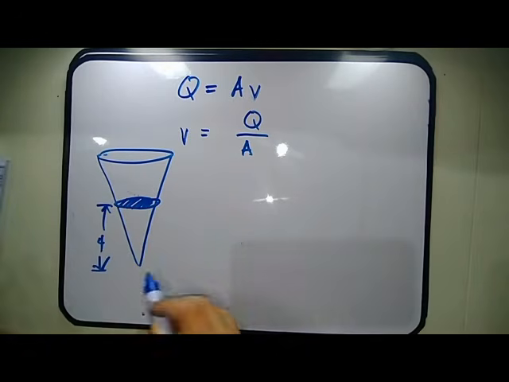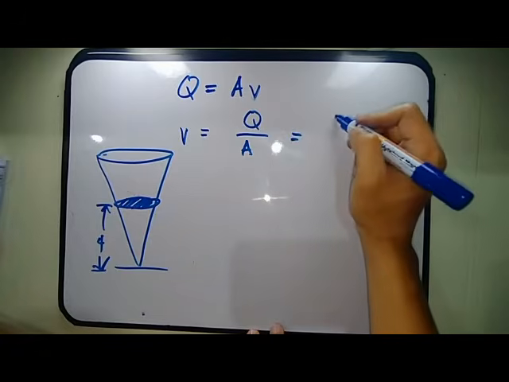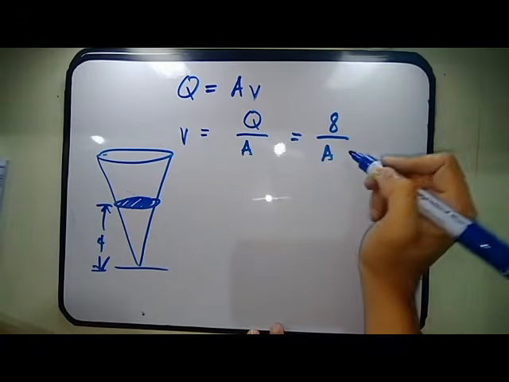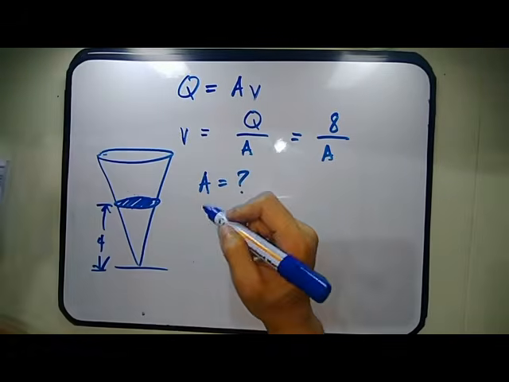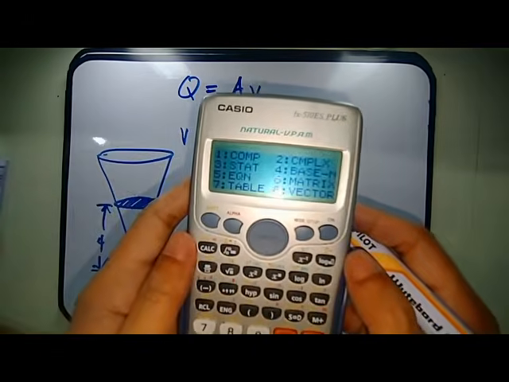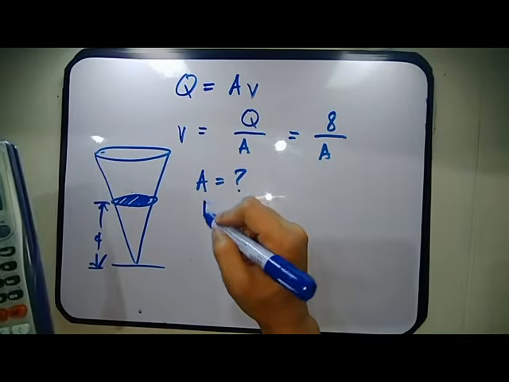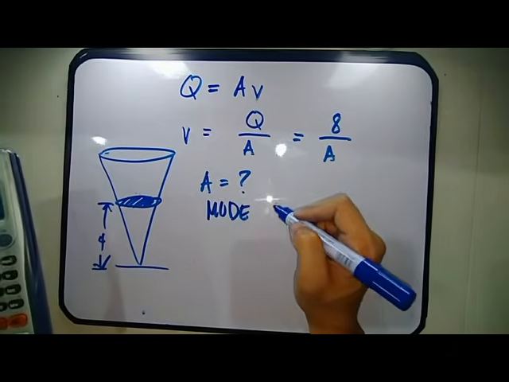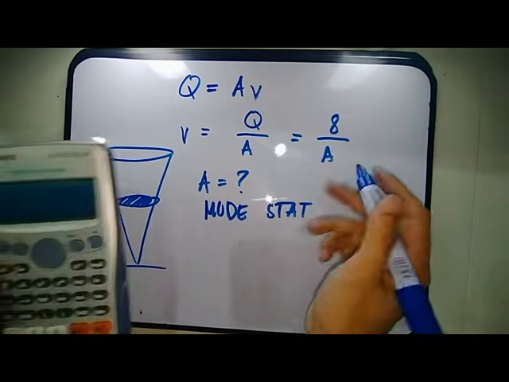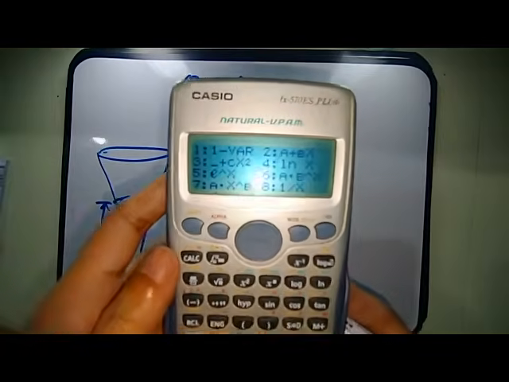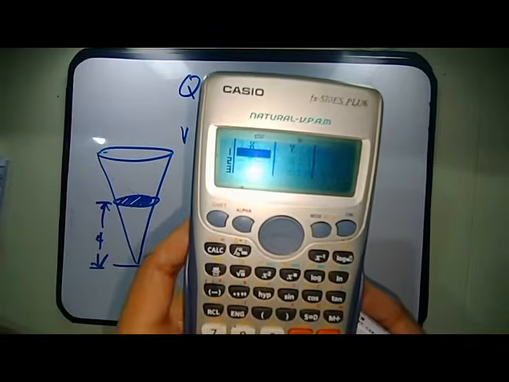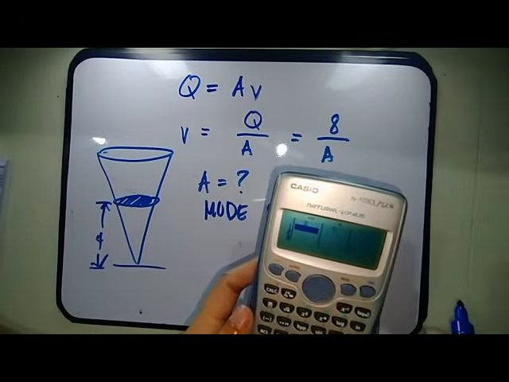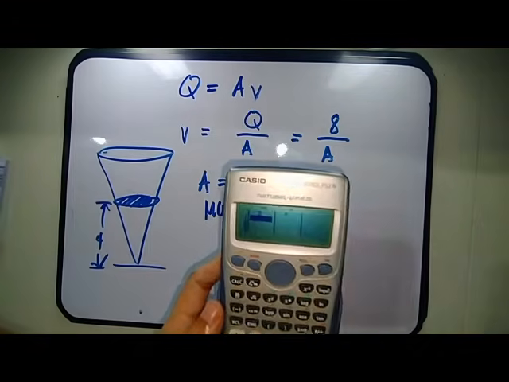We can use our calculator to solve that. So Q is equal to 8, and we need to find A here. Let's go to mode stat. To recall solid geometry, you have 3. Then you just input all the parameters here.